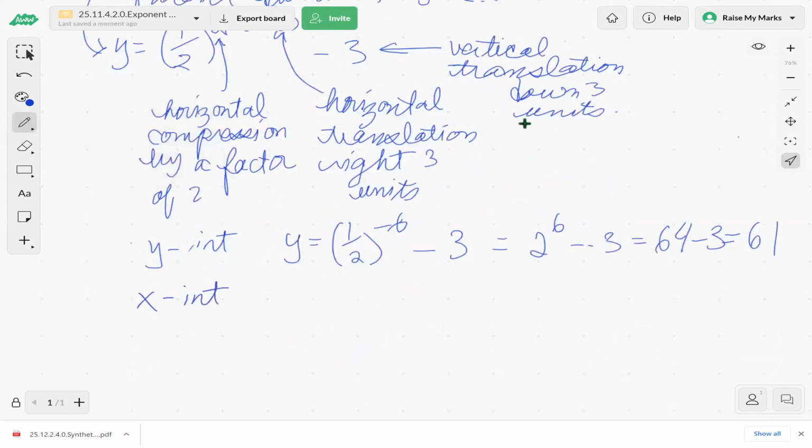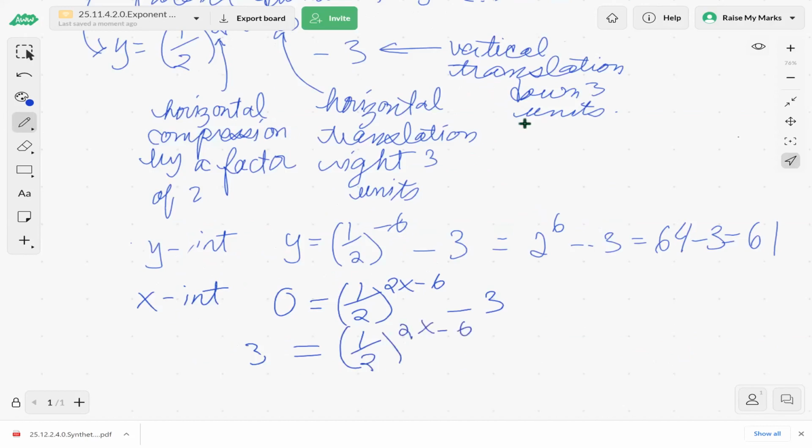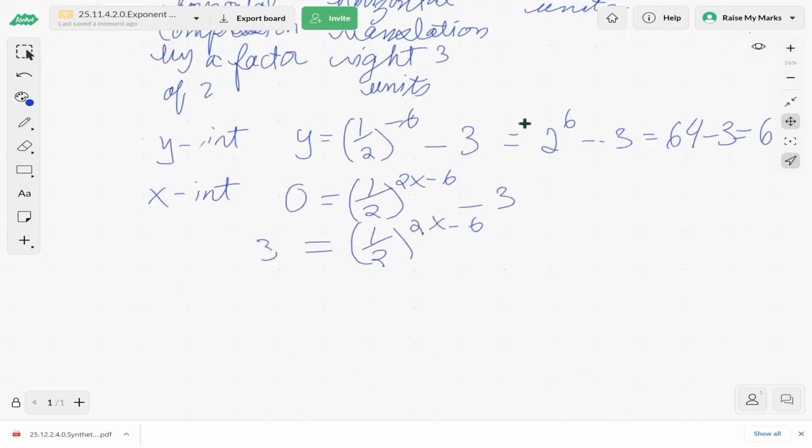For the x-intercept, we're going to let y equal 0 and then solve for x. I'm bringing the 3 over to the left-hand side. Okay, so now what do we do? We need to take logarithms, actually.